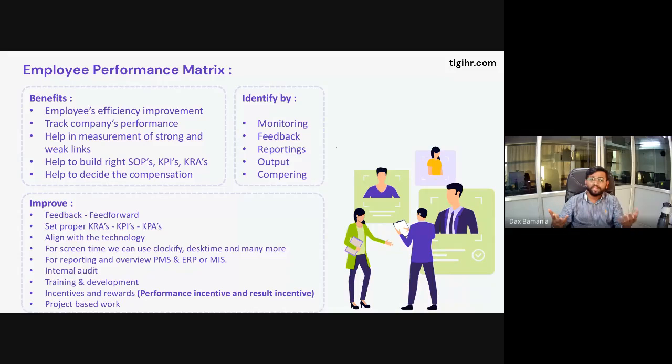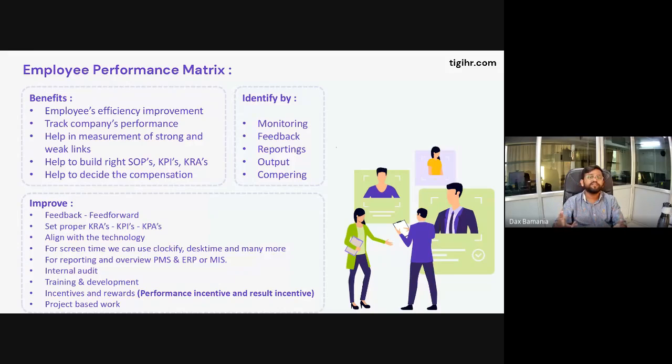About training and development: if you want to improve the performance of employees, you definitely need to go for training and development as well. Then incentives and rewards. See, this is actually a good part of employee performance, because the biggest motivation is money, right? Performance incentive and result incentive are different.